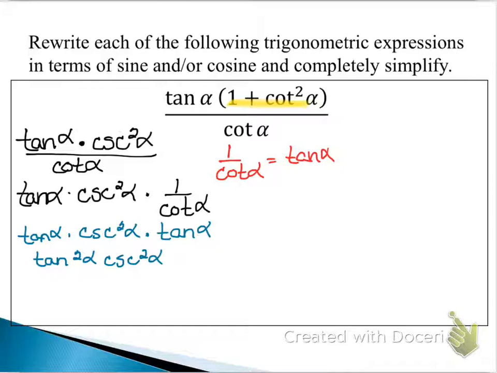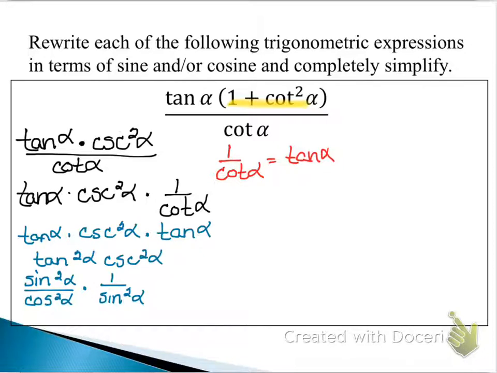And then get it in terms of sine and cosine. So we have sine squared alpha over cosine squared alpha times, and then my cosecant is 1 over sine, so it's going to be 1 over sine squared alpha.